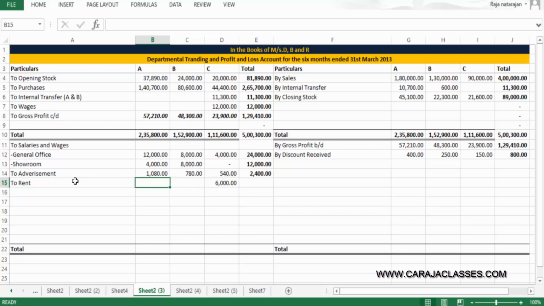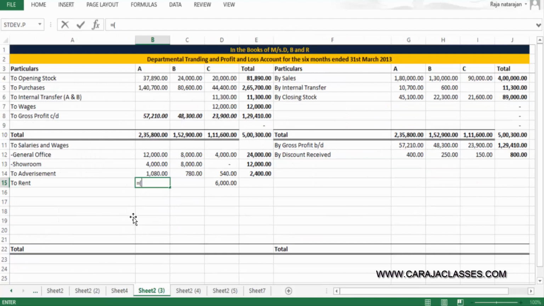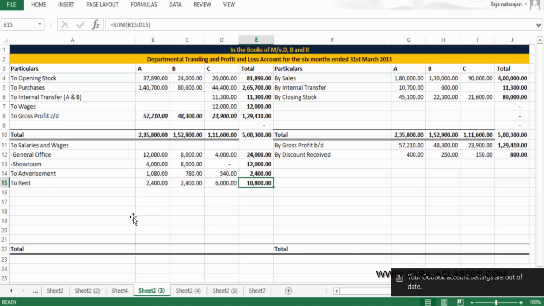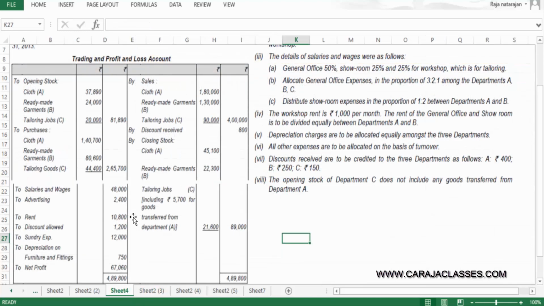And we know the total rent. What is the total rent that is paid here? It is 10,800. So 10,800 is the total rent, of which 6,000 is for department C. So the remaining is actually 4,800. Now that should be divided equally between two departments. So it's going to be 2,400 and 2,400. If you total this, you get the total, it is 10,800. Okay, so that's about rent.